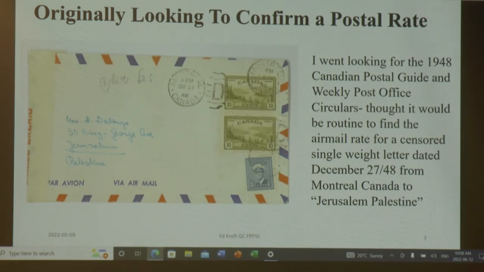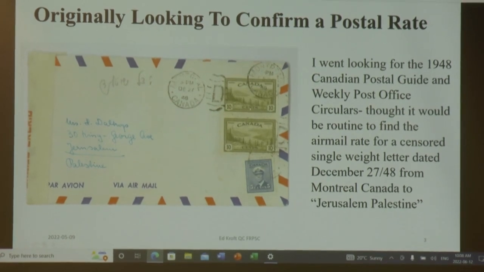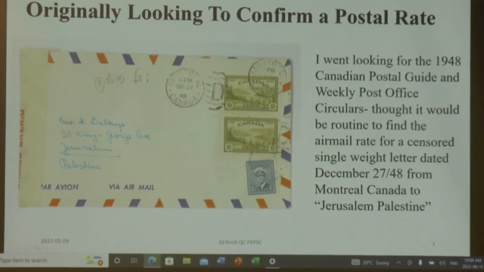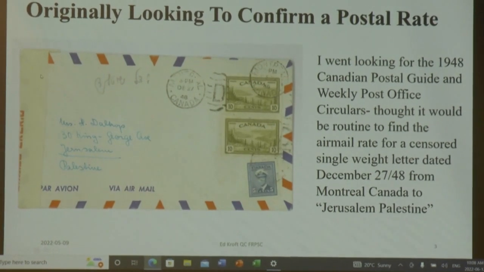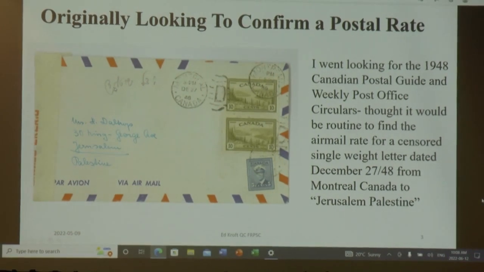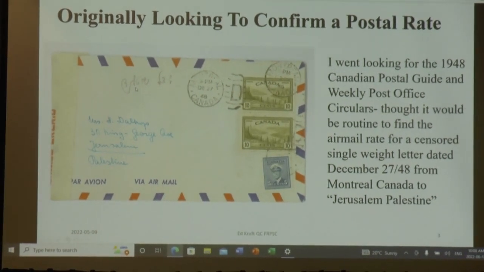This was an envelope from 1948, and it's got 25 cents Canadian postage, and you see over on the left side it's got some censorship tape.